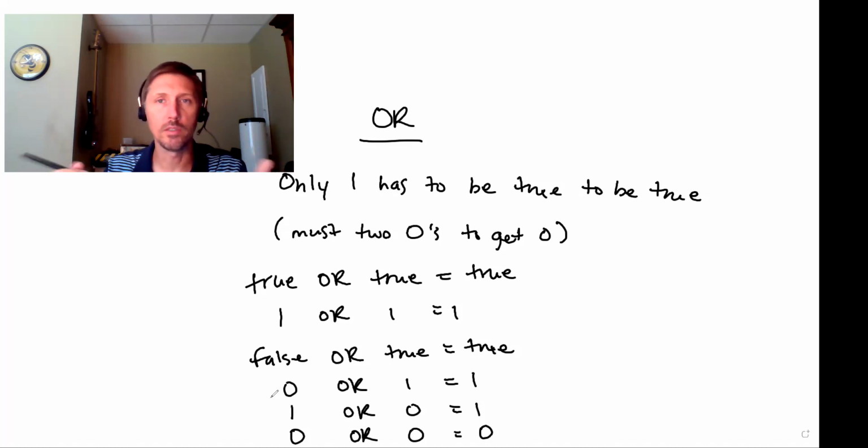You could show up with either a lamp or you could show up with a globe. It would have been a positive outcome of the statement that I made if you showed up with either one of those. And so in the case of OR, if any side is true, and both could be true, but if either side is true, then you're going to end up with a true, right? You just need one of them to be true.